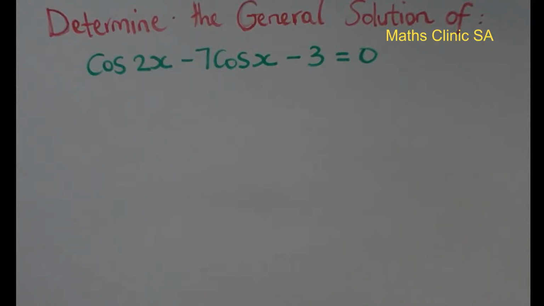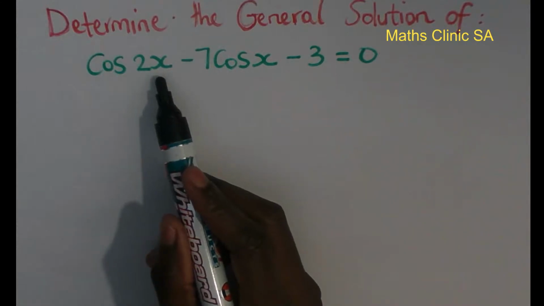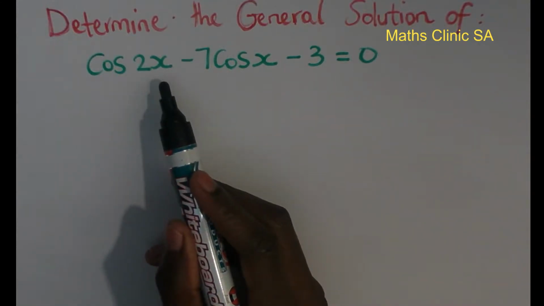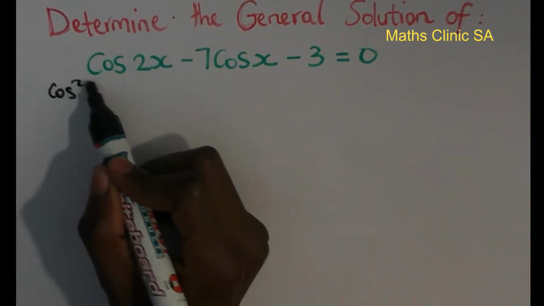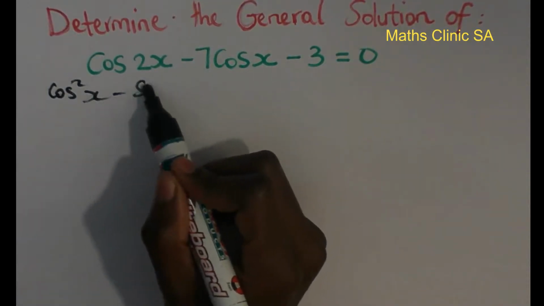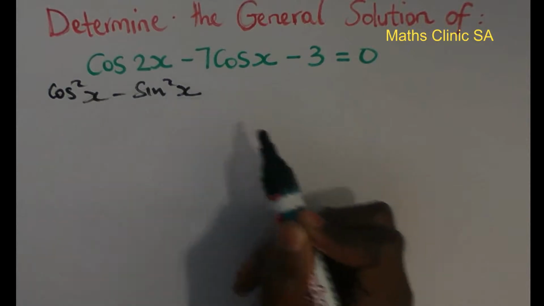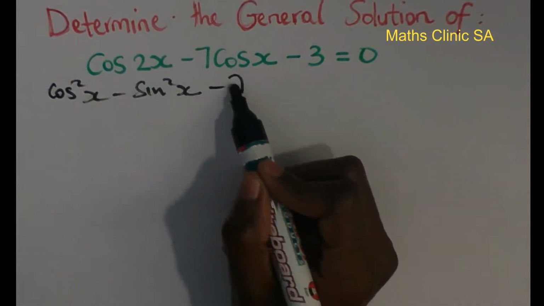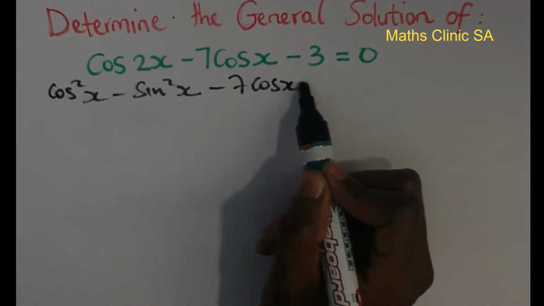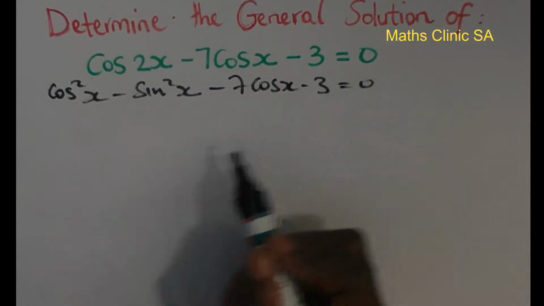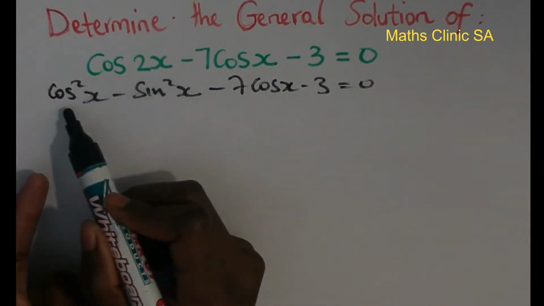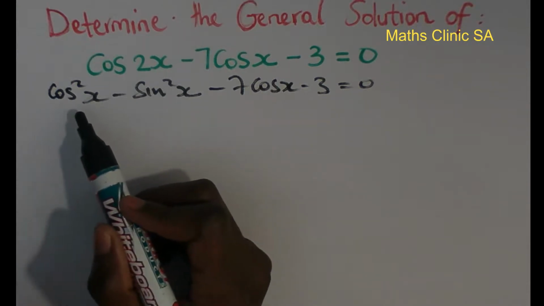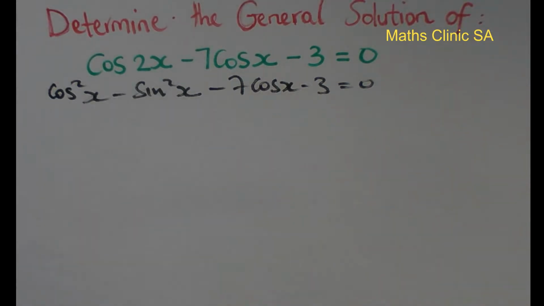So now let us rewrite cos of 2x using the double angle identity: cos squared x minus sine squared x, minus 7 cos of x minus 3. Write cos of 2x as its double angle identity, cos squared x minus sine squared x.